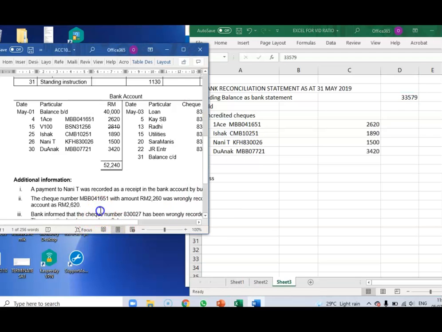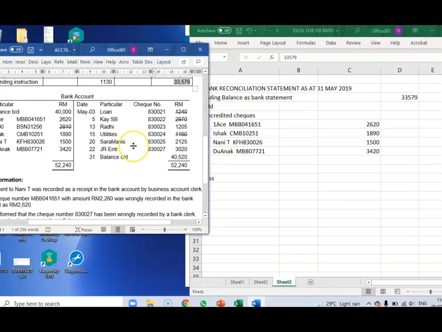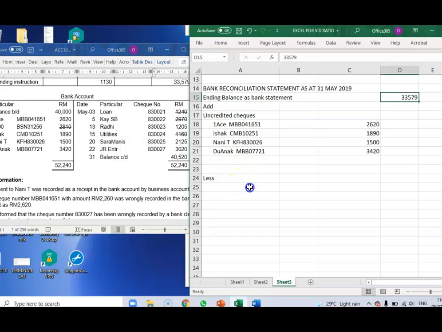Next we look at the data on the credit side of the bank account. Credit side means the amount you pay out. So some of it is unpresented to the bank.